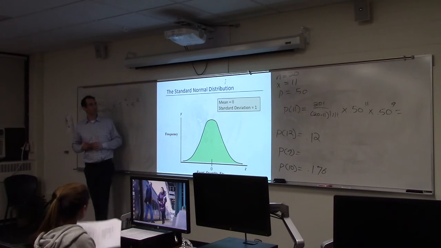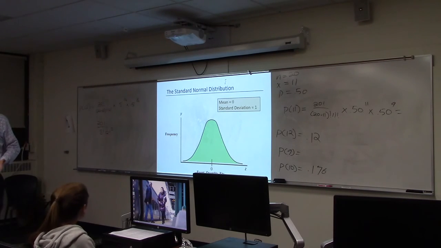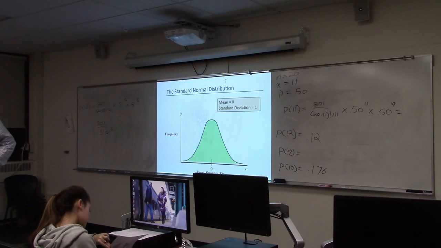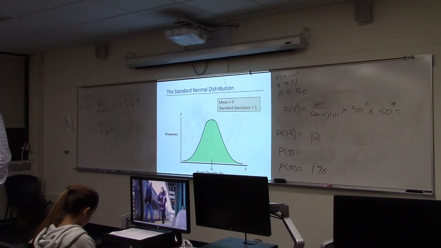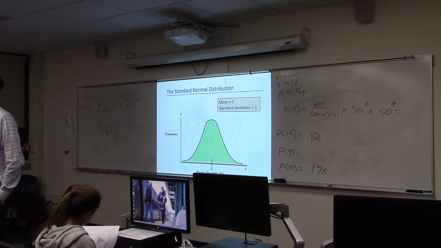And when we put things on a normal distribution, we give them a z-score. A z-score is just the number of standard deviations above or below the mean.